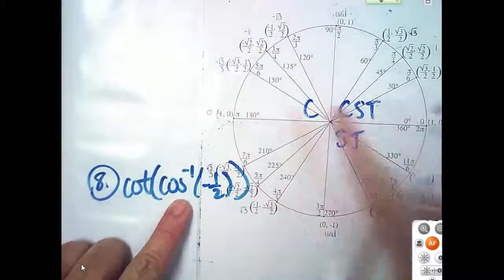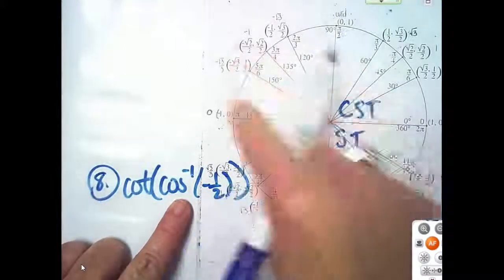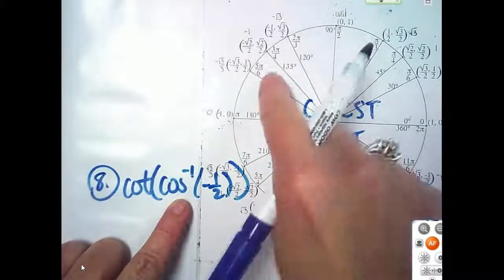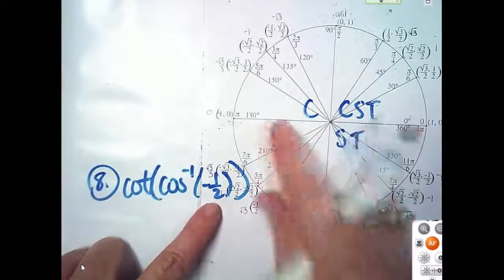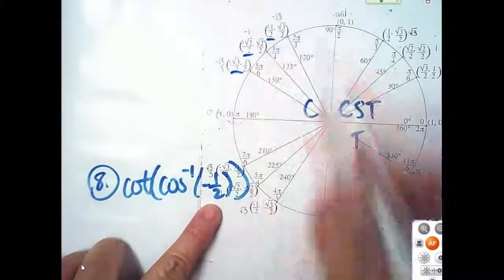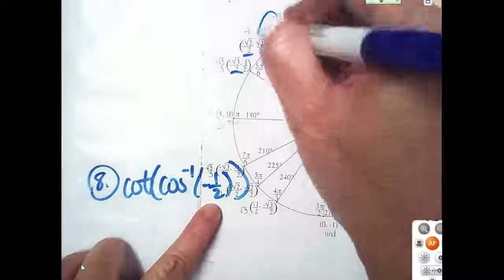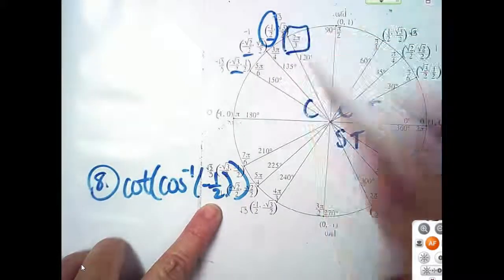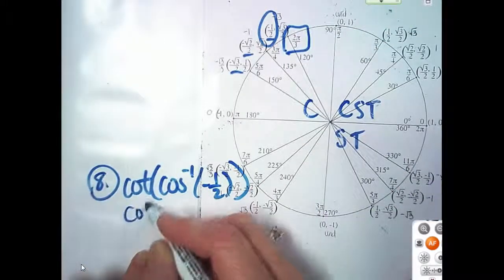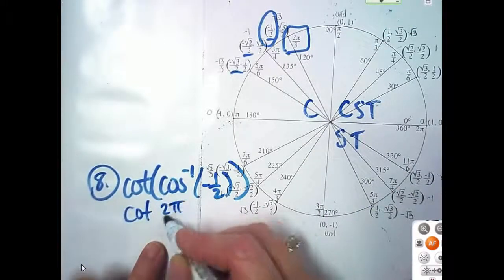You want the x-axis to be negative, which is over here. You're not allowed down here, so it's here. I want negative 1/2, so here's my cosine values. Cosine of negative 1/2 is here, which gives me 2 pi over 3. So now I want the cotangent of 2 pi over 3.